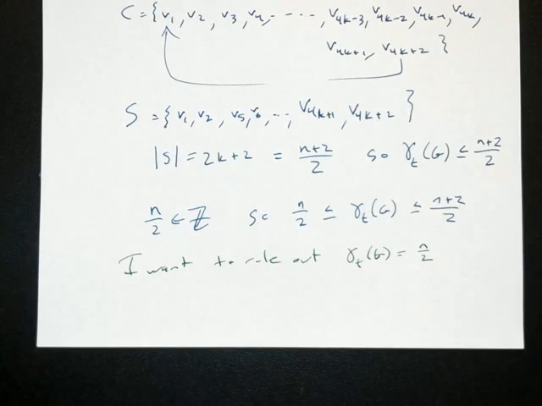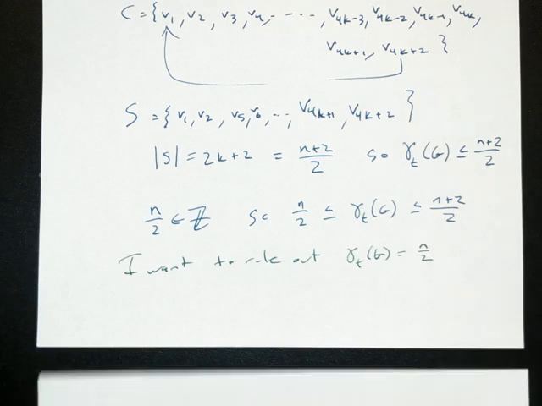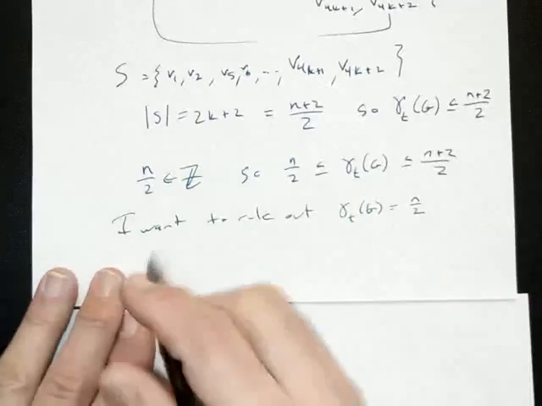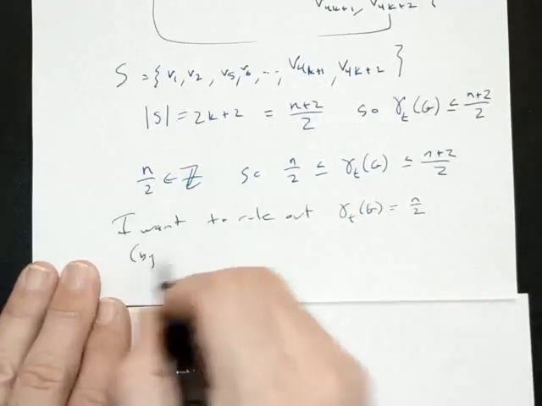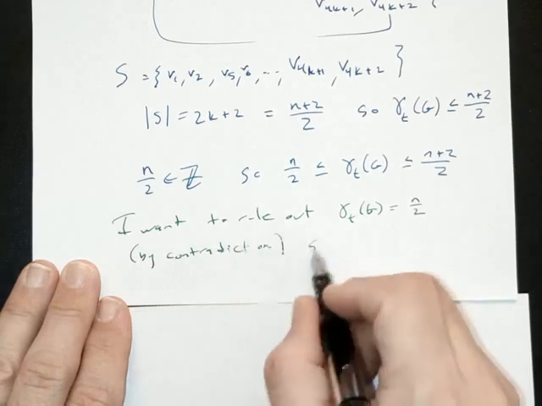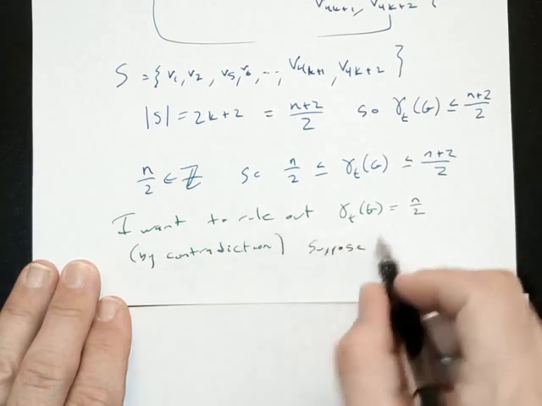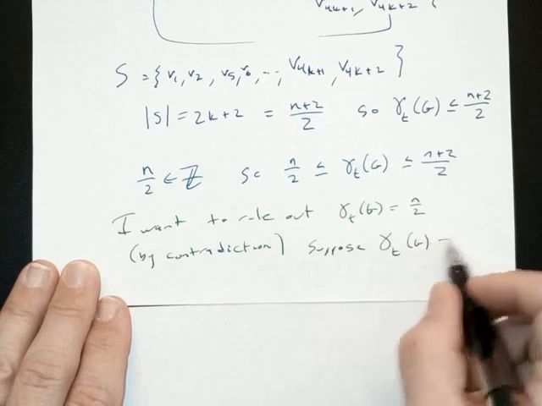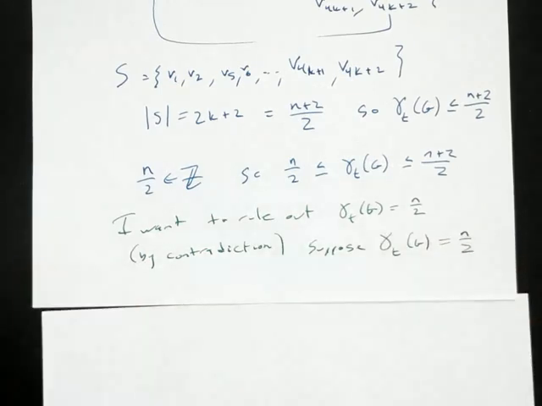Well, that's a proof by contradiction if I ever heard one from the description. So let's assume we can do it and see what we mess up. And then I'll have some minimum dominating set of this size.